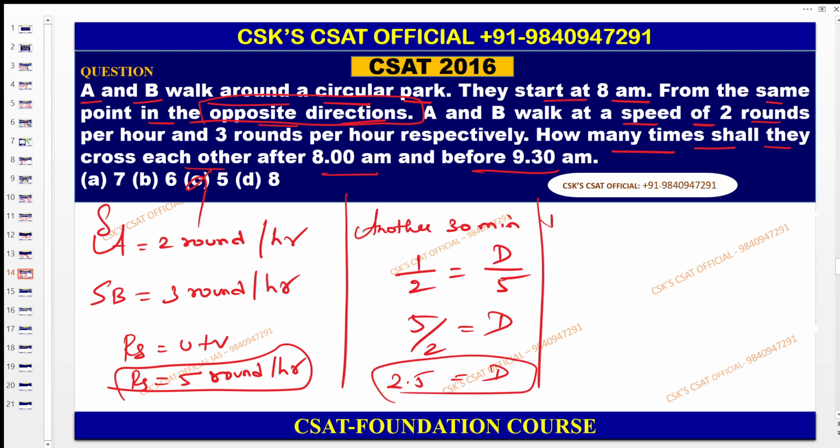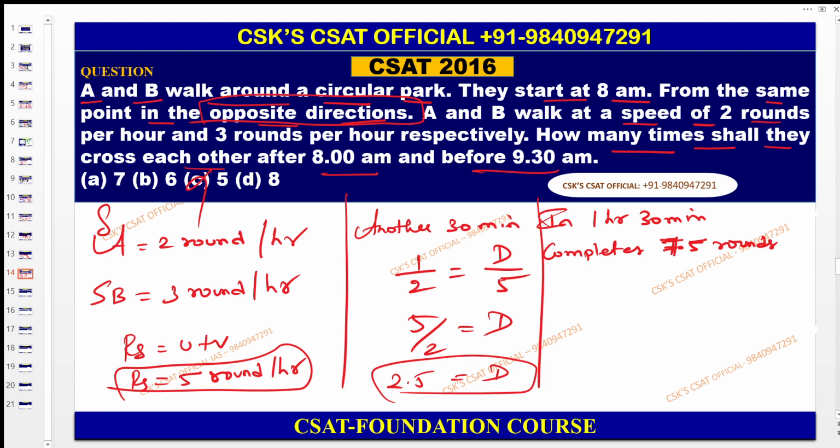So therefore, in 1 hour 30 minutes they complete 7.5 rounds, right? 7 full rounds, so therefore 7 times they are crossing each other.